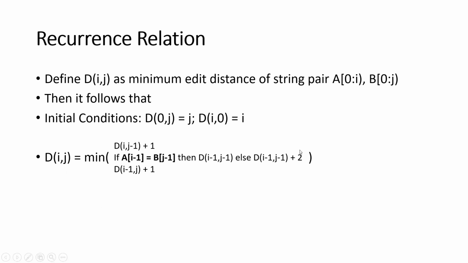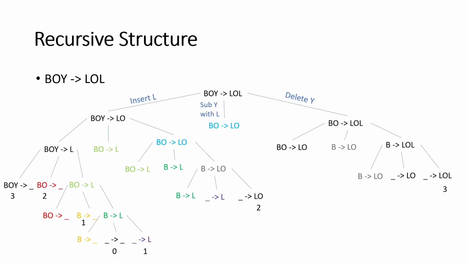Now for the middle case, there are actually two cases. In the case that a and b at index i minus 1 and j minus 1 respectively are not equal, it is obviously just d of i minus 1, j minus 1 plus 2, right? 2 is the cost of substitution. But in the case that the character at i minus 1 of a and the character at j minus 1 of b are equal, it means that they are the same character.